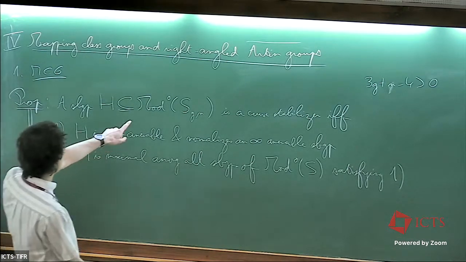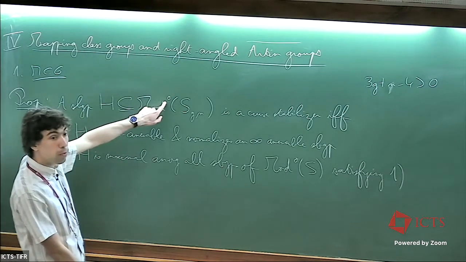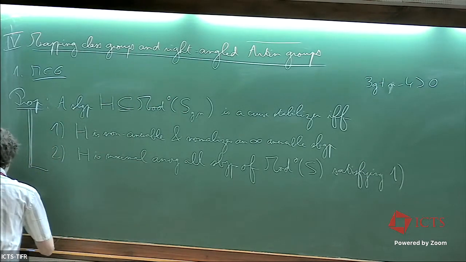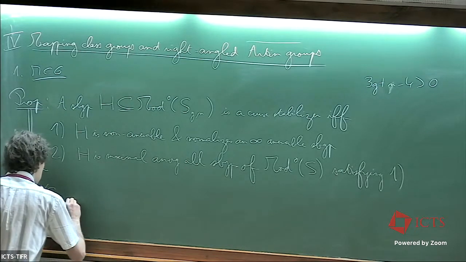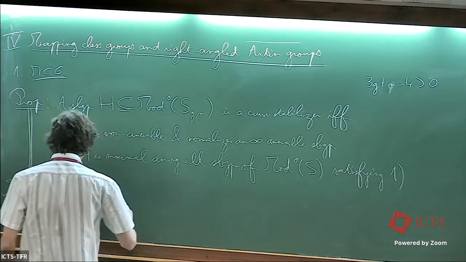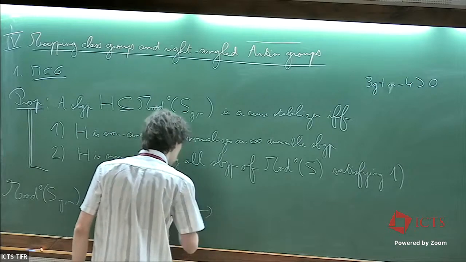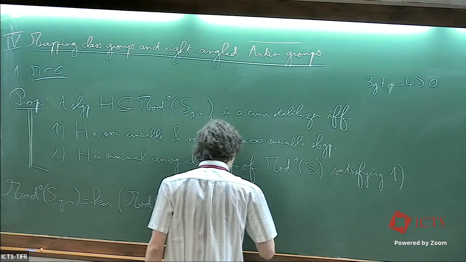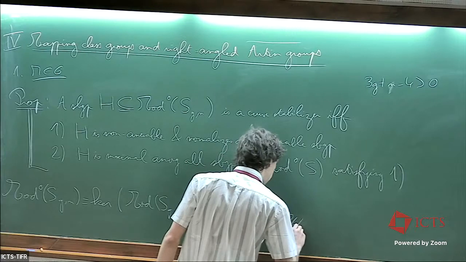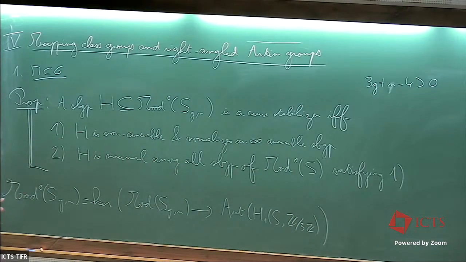And I remind you, this is not exactly true in the mapping class group, but in a suitable finite index subgroup, which was defined as the kernel of the action in homology mod 3. And what is the point of considering this finite index subgroup of the mapping class group?